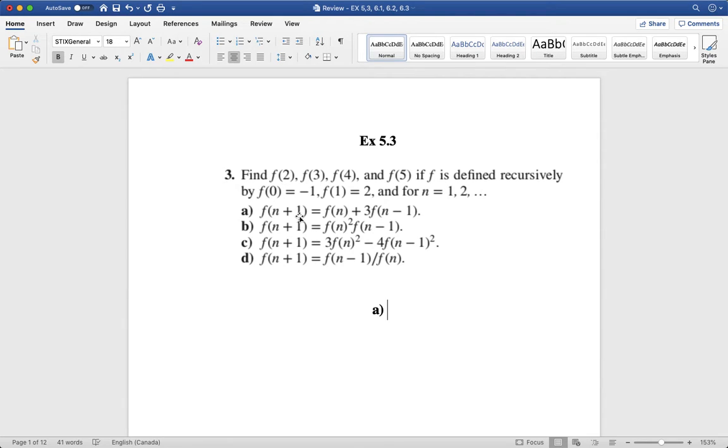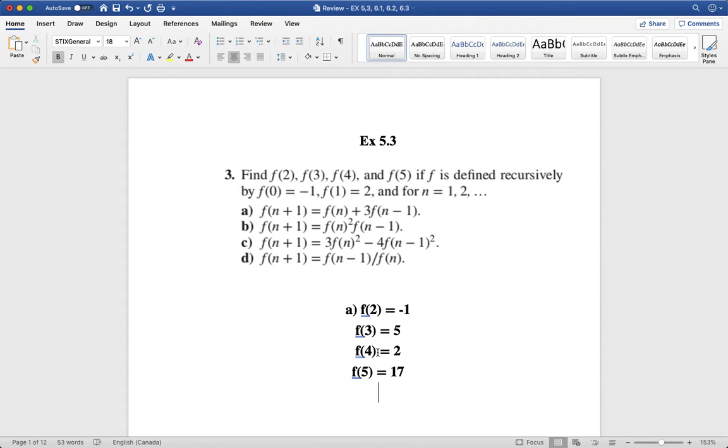So we have f2 equals -1, f3 equals 5, f4 equals 2, and f5 equals 17.